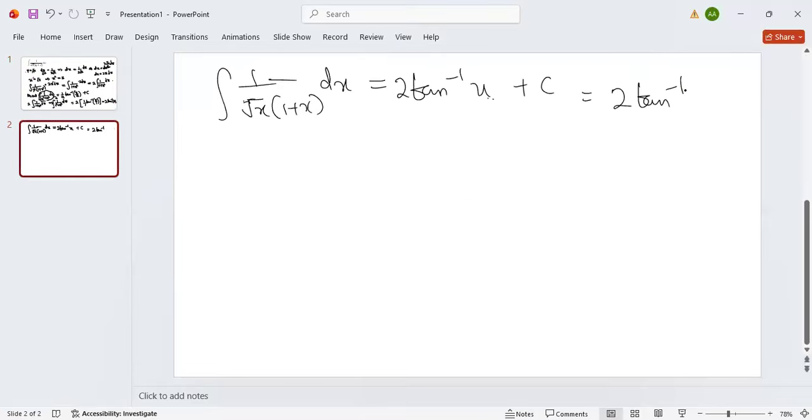So this will be equal to 2 arctan of root x plus c. And that is the solution to this integration problem.